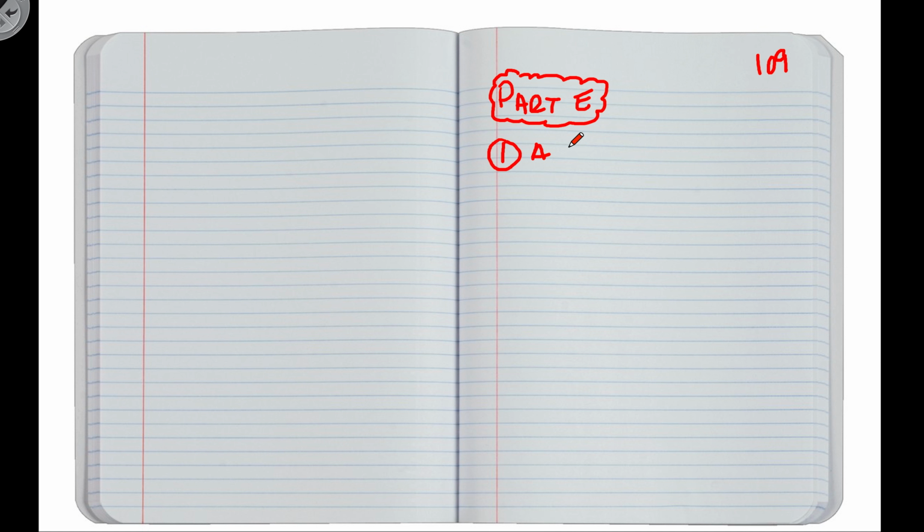So we would say a point on a graph is an ordered pair.